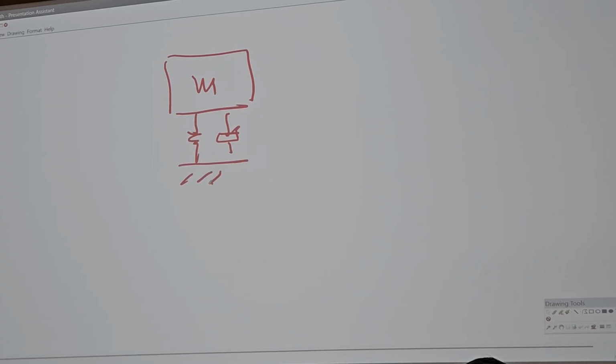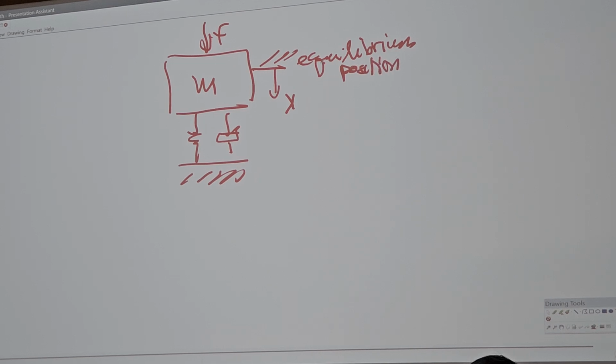If you have this one, let's see, second order as well. Remember this one, right? Let's say we have force F here, X here, the equilibrium position, right?